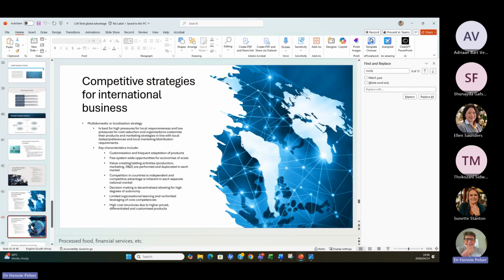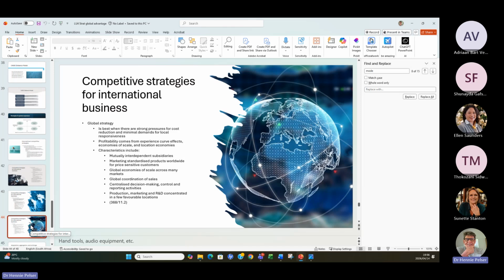I think it will be a global strategy. So you have strong pressures for cost reduction, because we know the focus is value for money for Sorbet, and you don't have a significant need to specifically customize the items that you're selling there.